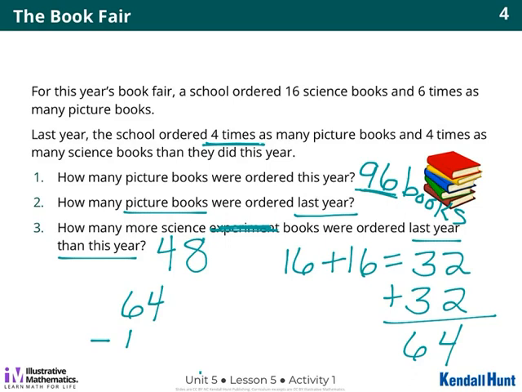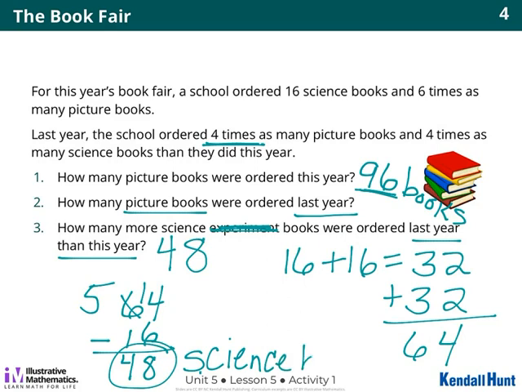And you subtracted what? 64 minus 16. Okay. 4 can't take away 6. What is 14 minus 6? 8. Very good. And 5 minus 1 is 4. 48. Raise your hand if you got 48. Okay, make sure you have labeled it. Science books.